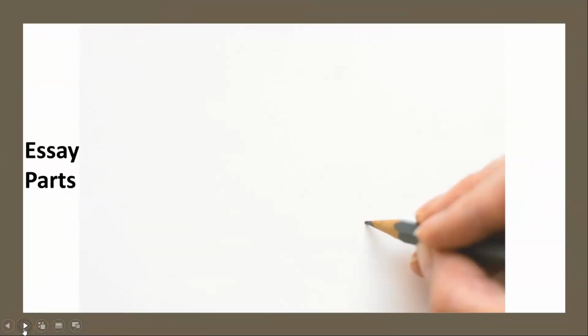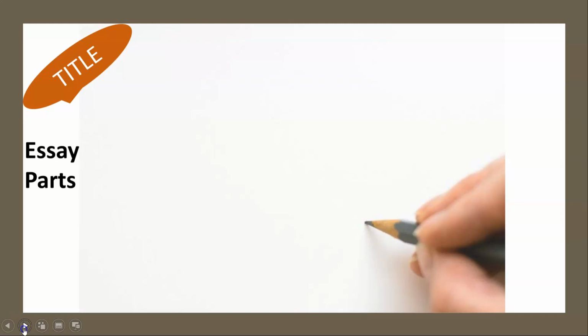So let's see what the first things we want to write are. The first thing that you need to have is a title. The title will give meaning to your essay, right? There should be a title to inform the reader what he or she is going to read about.